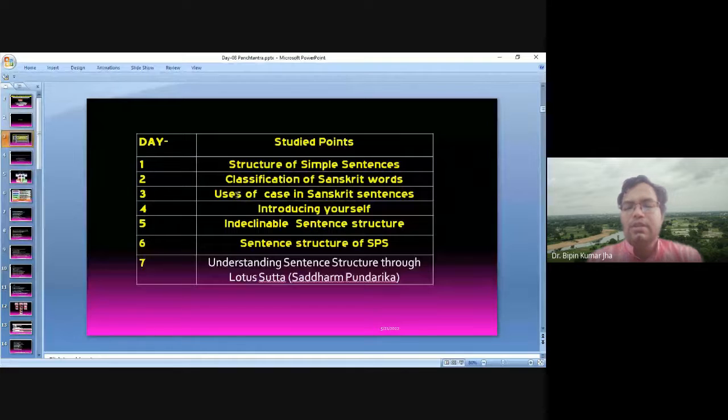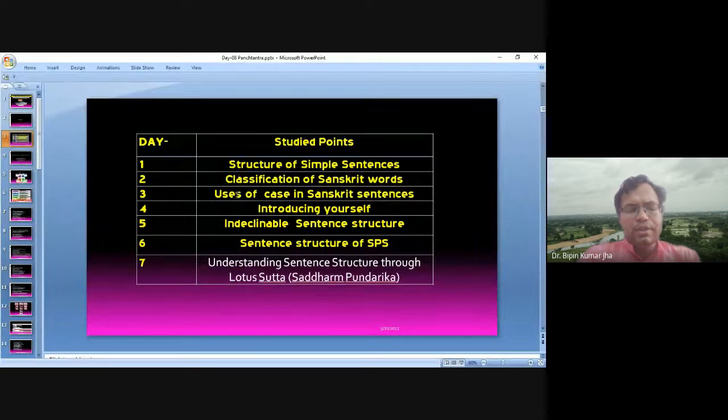After that, again indeclinables, because when you are learning to extract the meaning from the text, you can see that most of the sentences are equipped with indeclinables. We have seen in the Sadharma Pundarik Sutra also, atha, khalu, like these terms, under the category of indeclinable.